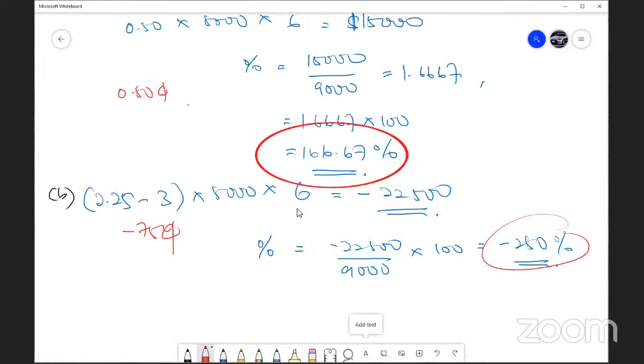That's one. Okay, this question is not very smart. Number two, it can fluctuate. A 50-cent increment means you gain 166.67%. When it's a loss of 75 cents, you lose negative 250%. So they're trying to tell you, when you make a lot of money, when you lose a lot of money also.